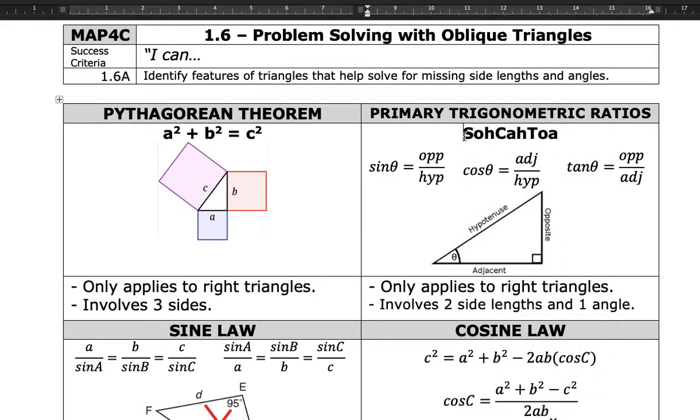In SOHCAHTOA, the first letter denotes which primary trigonometric ratio you are using, and OH refers to the opposite over the hypotenuse. Cos is adjacent over hypotenuse, and tan is opposite over adjacent. So this applies to right triangles, and whenever we have two side lengths and an angle with one component missing from that information.